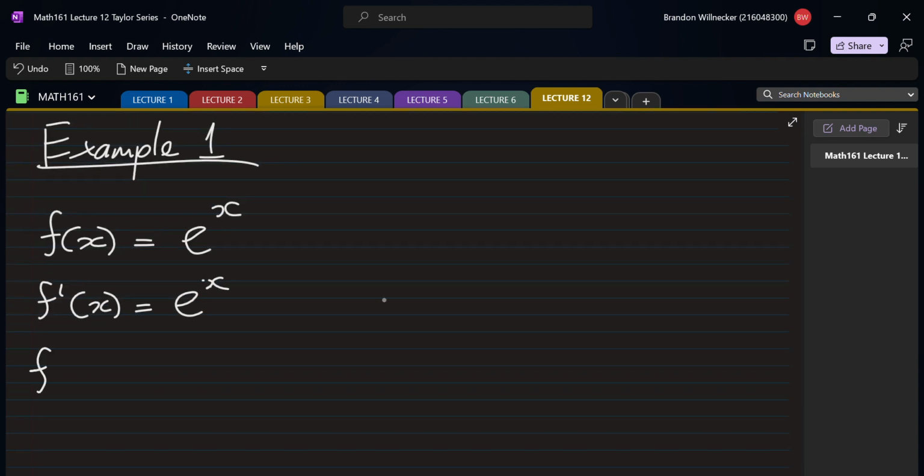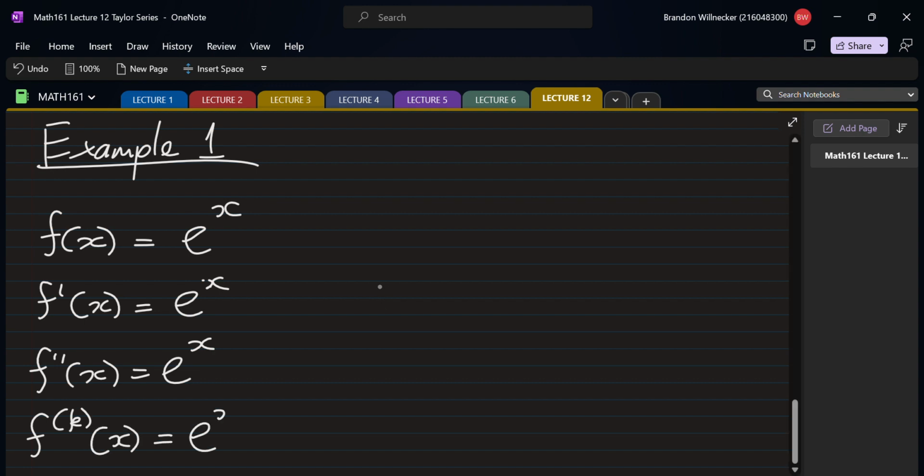So here, f double prime is e to the x, f triple prime, and so on, and indeed any kth derivative will just be e to the x. Because the function is its own derivative, so we can do this as many times as we like. We still get back the function.